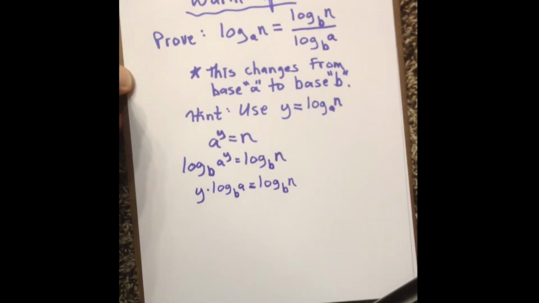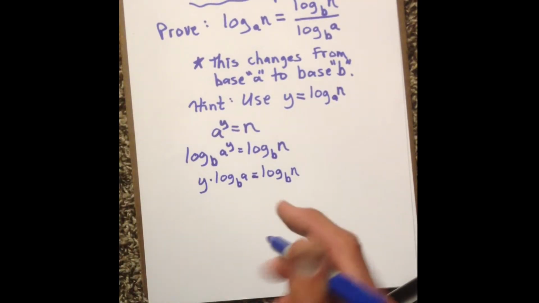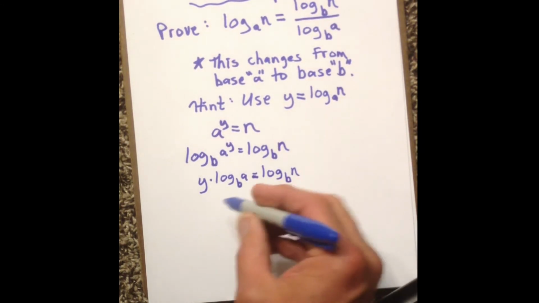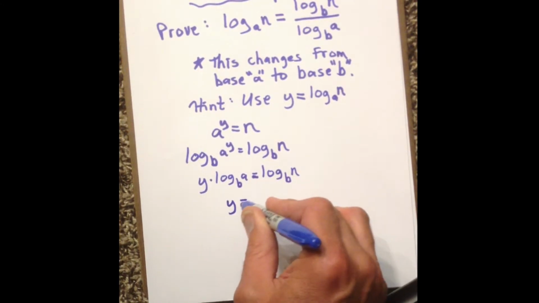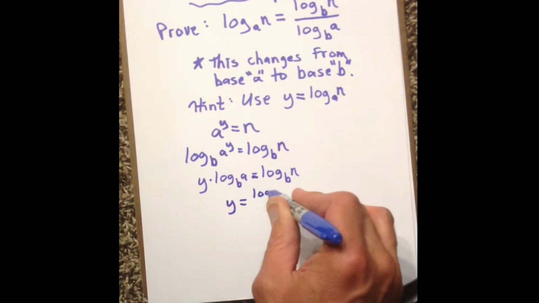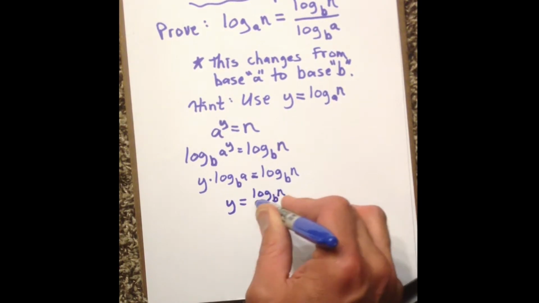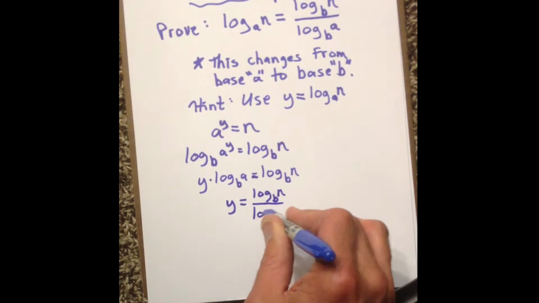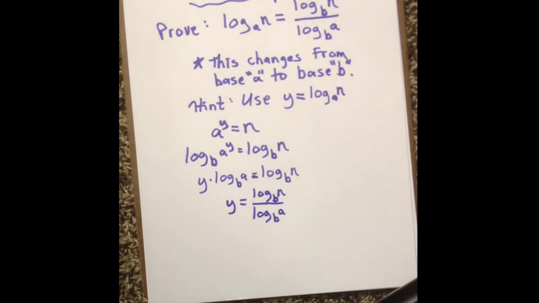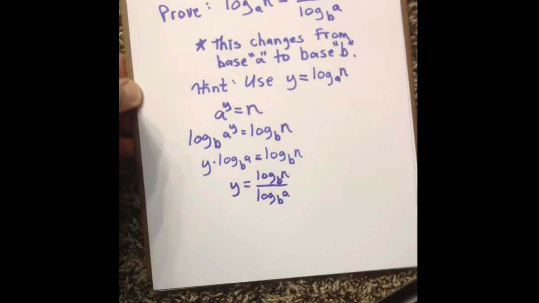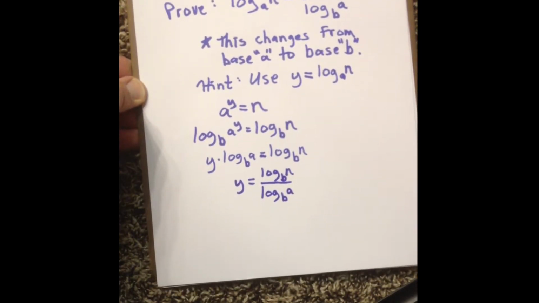So now that we have y times log base b of a equal to log base b of n, I can divide both sides by log base b of a, and now y equals log base b of n all over log base b of a. And you might be thinking that doesn't really prove anything yet, but it does, because we defined y as log base a of n.